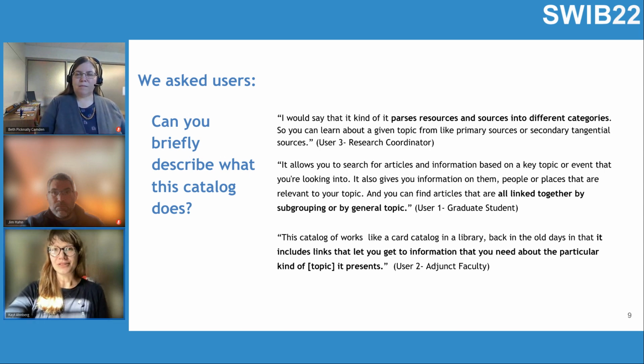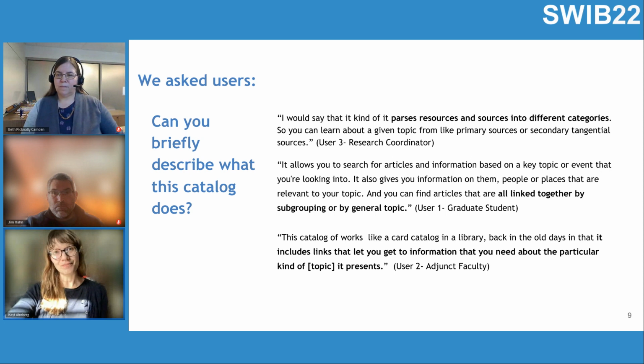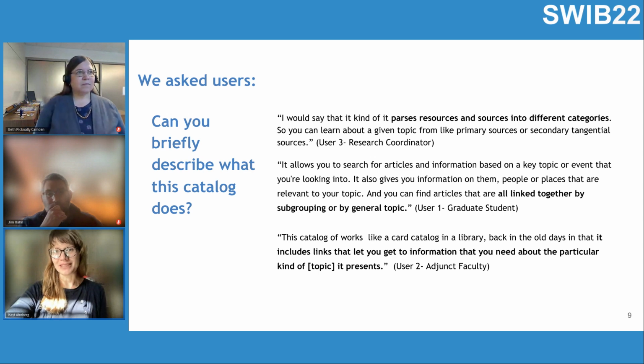Another question that we asked users at the end of the test was to sum up what they felt this interface might be capable of doing. And again, it's worth noting here that they were working from primarily static prototype images of 3 different concept pages.